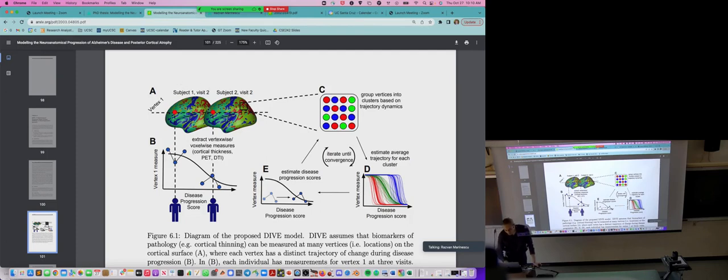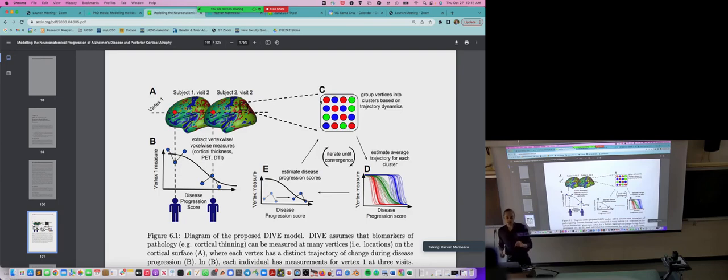What we were doing in this model was considering that the brain was created by many points. We got this brain surface, which was measuring disease signal at each point.